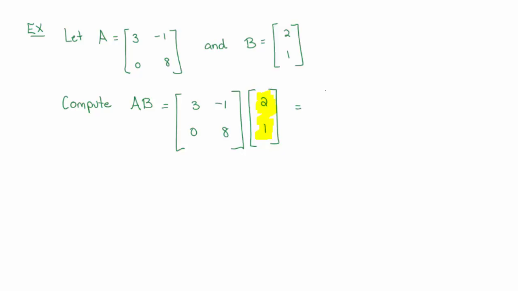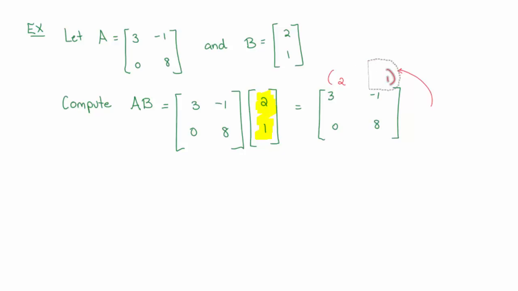So in other words, imagine the square matrix just sitting here like this, 3 with a -1 and 0 with an 8. And we're superimposing a 2, 1 on that, having tilted that matrix to its side.